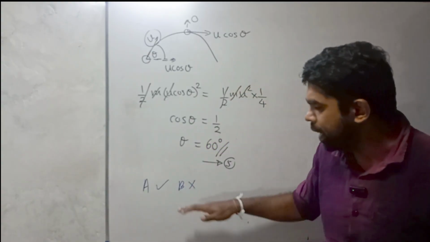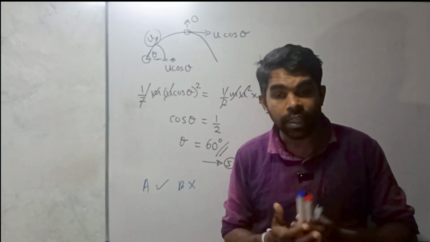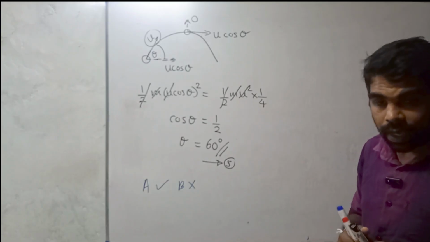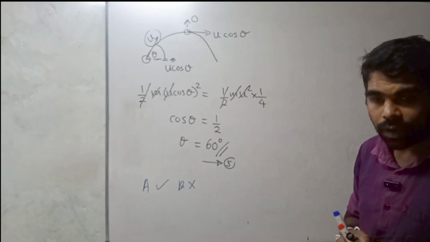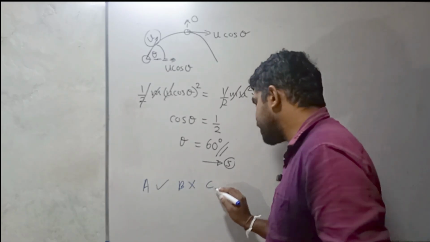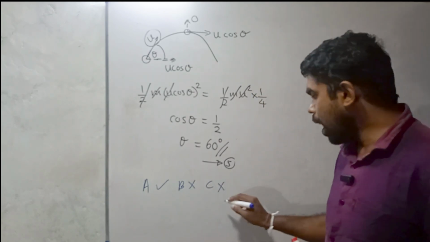Therefore, statement B is false. It is not compulsory to be touching each other. Then next one, part C: they act on the same object. Now we know that action and reaction act on 2 bodies. Therefore, only A is true. Answer is 1.